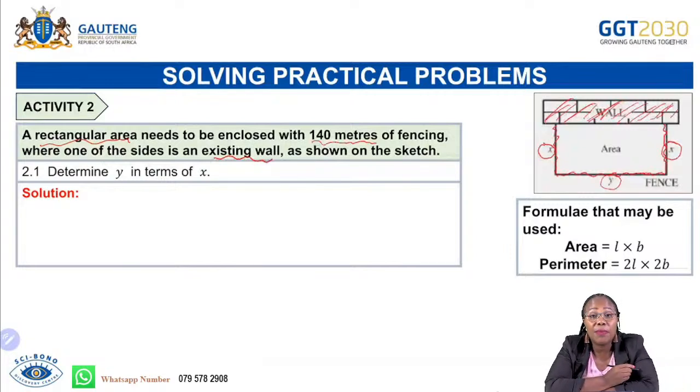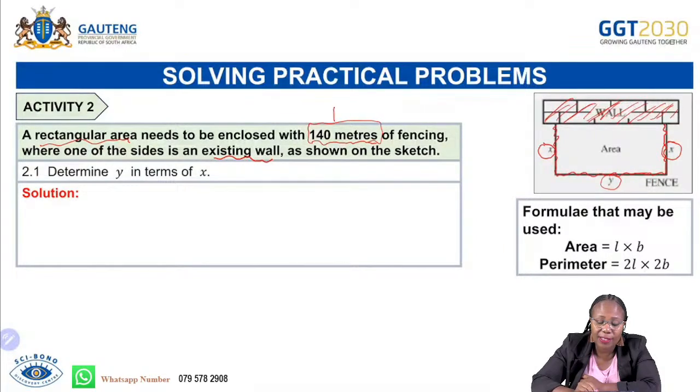Grade 12, same method, we use what is given to us. What is given to us is the perimeter, because it's the fence that we are going to use to enclose that area. So now we are going to rely on perimeter. Do you still remember? The perimeter is 2L plus 2B.